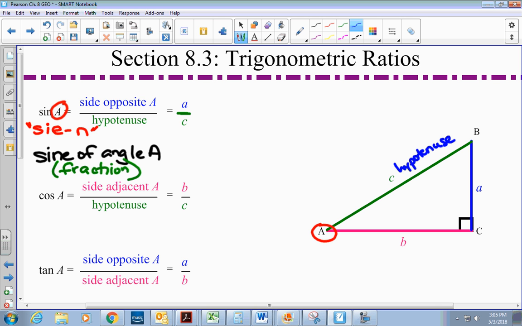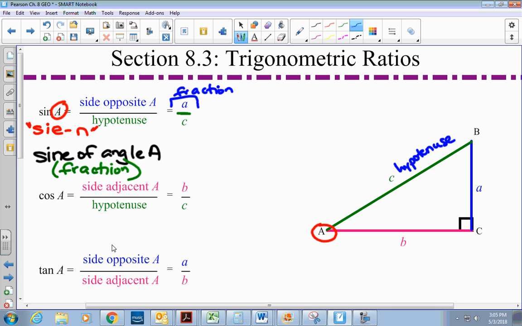It's our opposite side over our hypotenuse. That is what the sine of A is. So when you hear sine A, your brain needs to automatically go fraction. Two pieces of a fraction, the top piece and the bottom piece. And that's what the sine is.